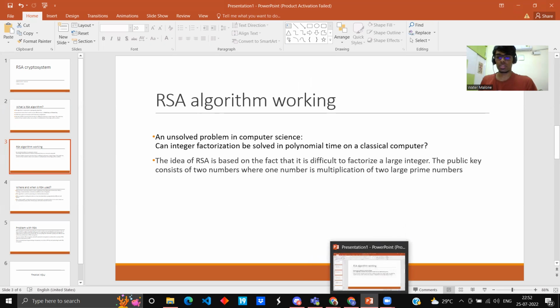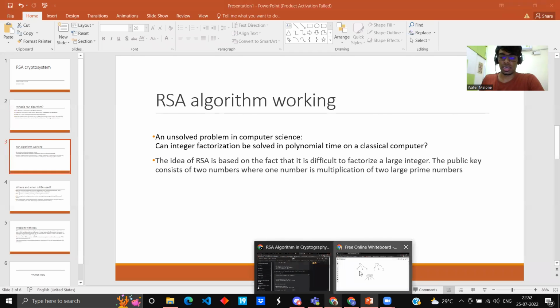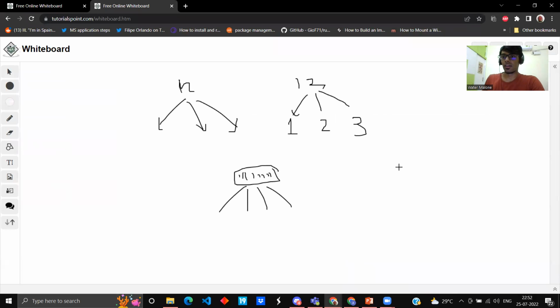Polynomial time is, as the name suggests, something of the form x power n, from x power 2 onwards to x power n.